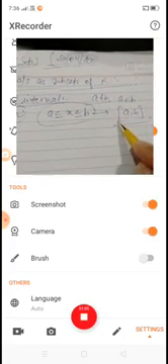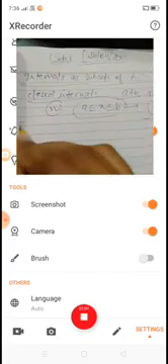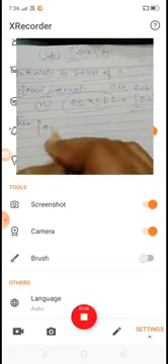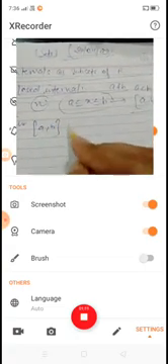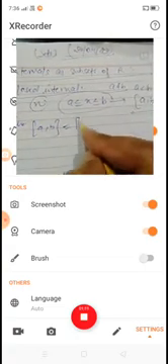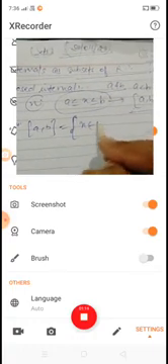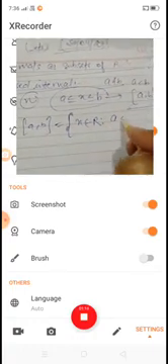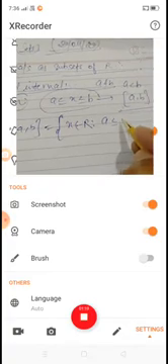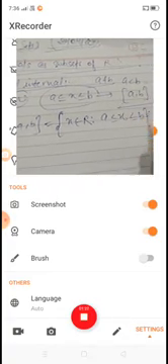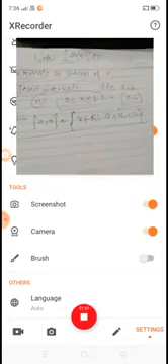Thus, the closed interval [a, b] is equal to the set of x belonging to all real numbers such that a is less than or equal to x less than or equal to b.